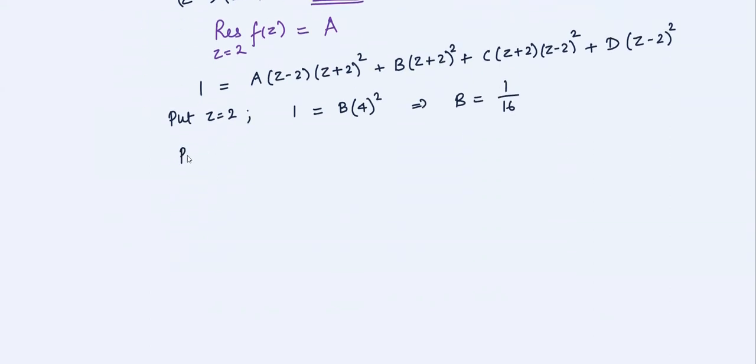Now put z equal to minus 2. A term goes, B term goes, C term goes, D times minus 2 the whole square, which is d is 1 by 16.